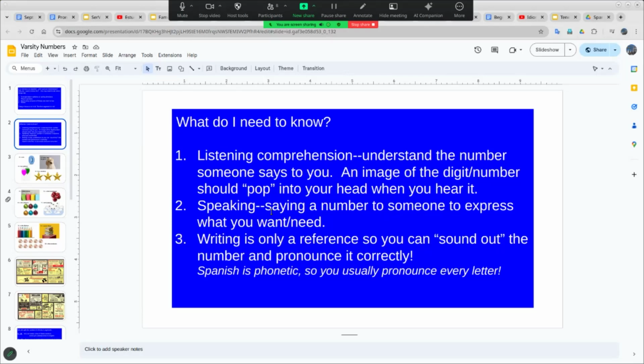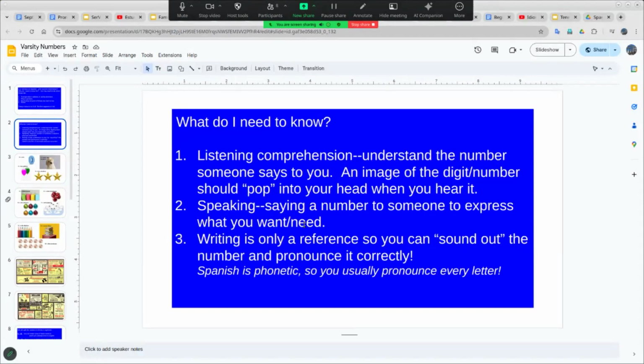It's going to think about an image of how many that is. So connect the word cinco with that digit 5. Your goal should be that the digit 5 pops into your brain when you hear the word cinco. That is your biggest goal right now, listening comprehension.